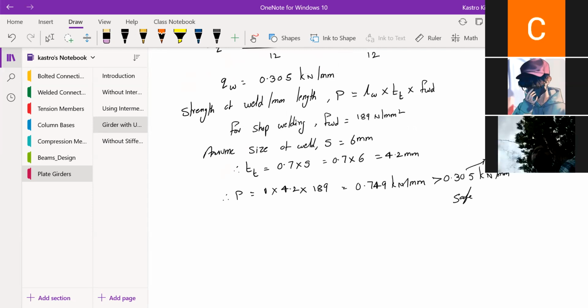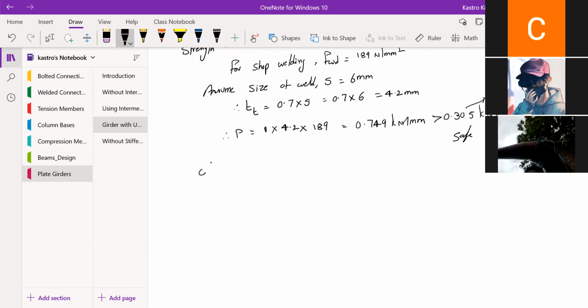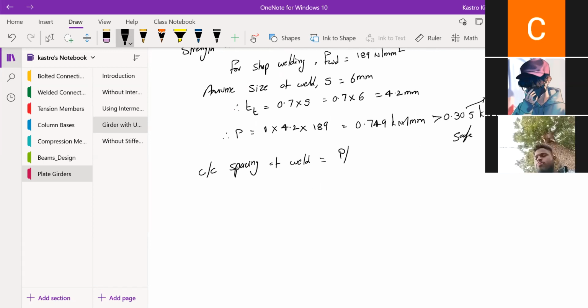So if it is safe, then you have to do one more step, which is called as center to center spacing of weld length, that is given by P by QW. What is the value of P? It is 0.749 and QW is 0.305.